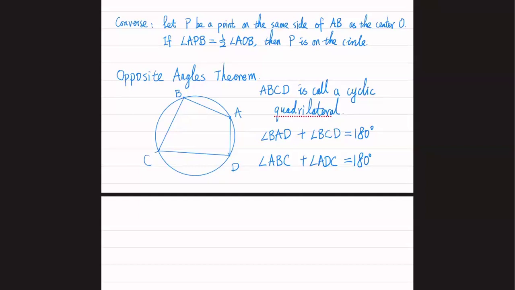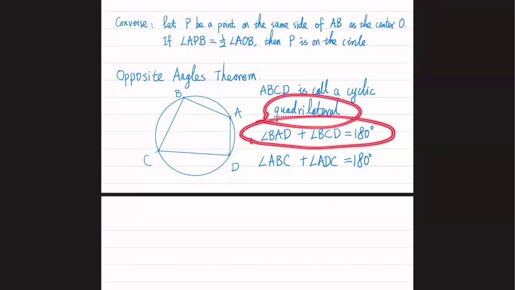Okay, now the opposite of this is also true. If we have a quadrilateral with one identity here, it must be cyclic.